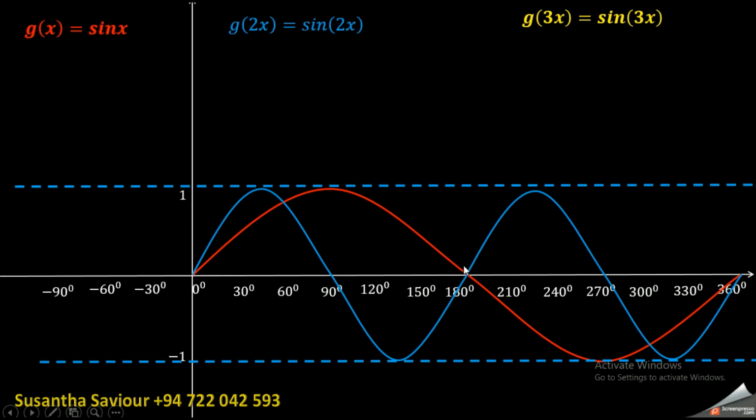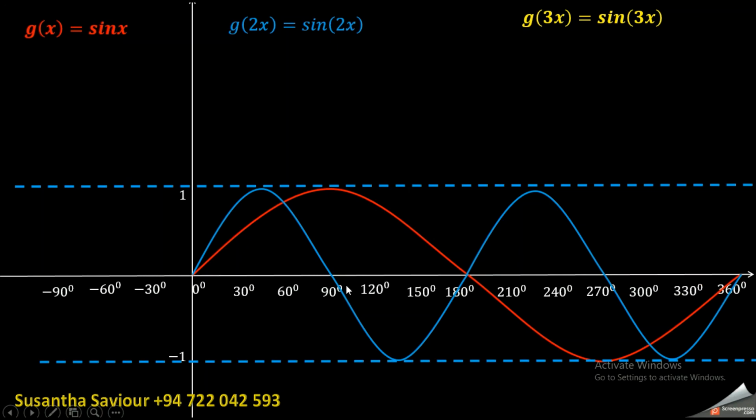Then what happened at 180 will occur at 60, right? When you divide this one by 3, it is 60, right? What happened at 360 will occur at how much? 120.